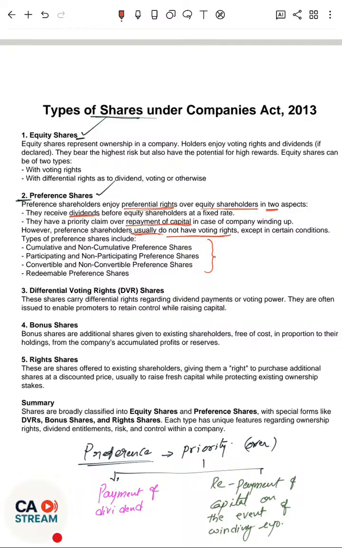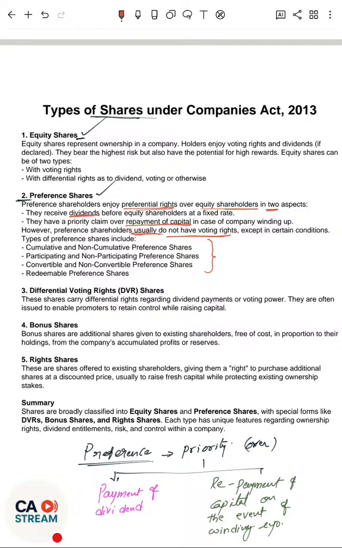When we discuss the voting rights of the shareholders, we will discuss under which circumstances the equity shareholders will get voting rights, and under which exceptional circumstances the preferential shareholders will get voting rights. But as of now, assume that the preferential shareholders do not have voting rights. Why? Because they are not the real owners. The real owners are the equity shareholders, because whatever loss hits the company, and whatever benefit the company enjoys, will be suffered or enjoyed by the equity shareholders only.